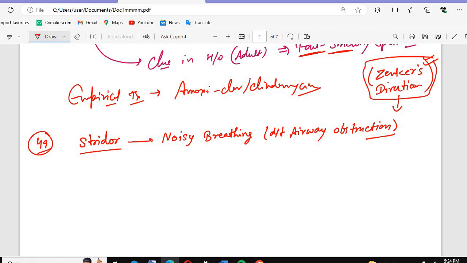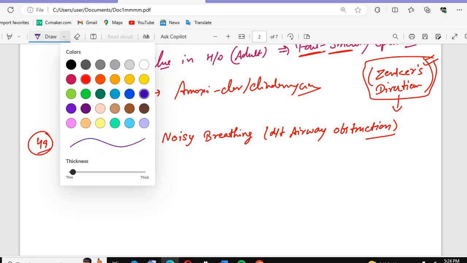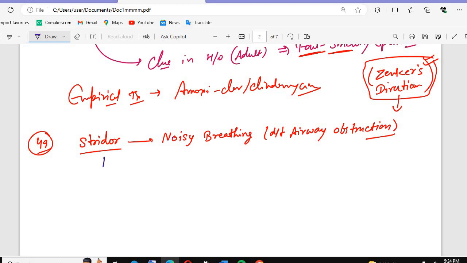See, in case of stridor, you need to remember that there can be inspiratory stridor, biphasic stridor, or expiratory stridor. This type of noisy breathing you see in these conditions.